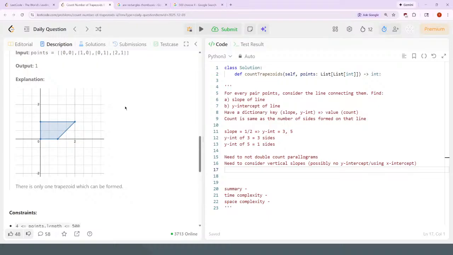And then the next time I do a pair of points, if it matches that previous slope and it also matches the previous intercept, then I need to add to some counter. If it matches slope and it has a different intercept, then I create a new counter.